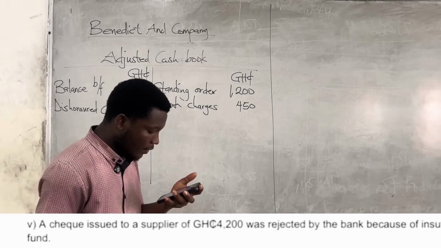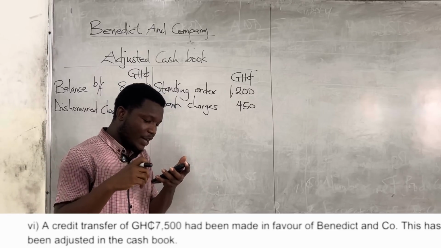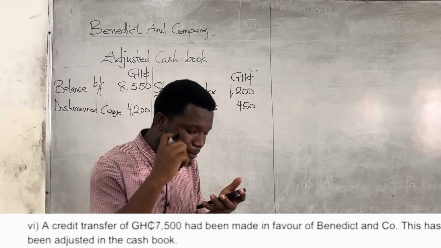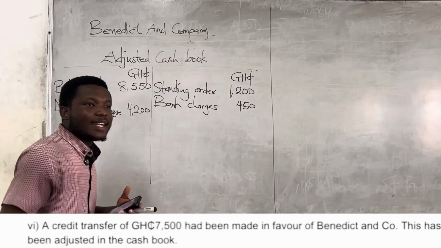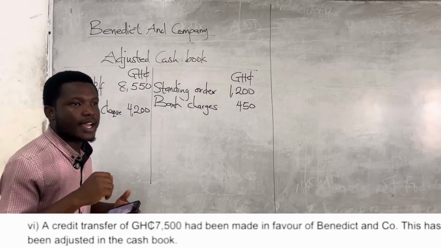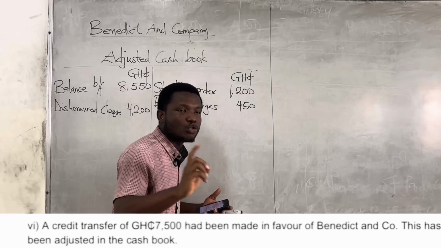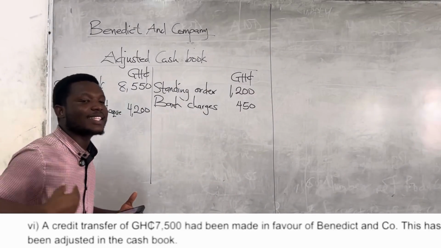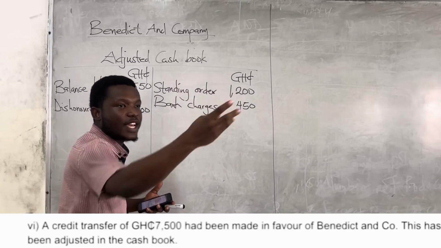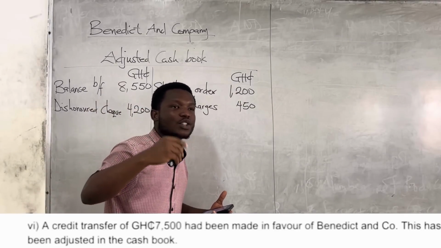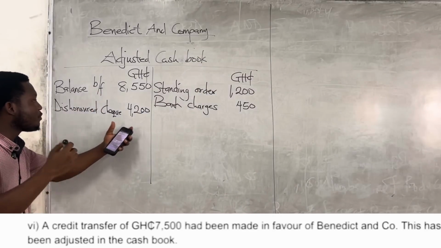Now the next one, a credit transfer of 7,500 had been made in favor of Benedict and Co. This has not been adjusted in the cash book. Now, what is a credit transfer? A credit transfer is like someone has paid you money through bank or through check, and the bank has credited your account in transfer. You didn't get the money directly, but they have transferred the money to your account. So someone paid you and you have received the money.